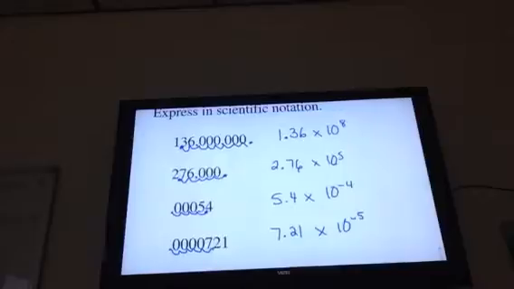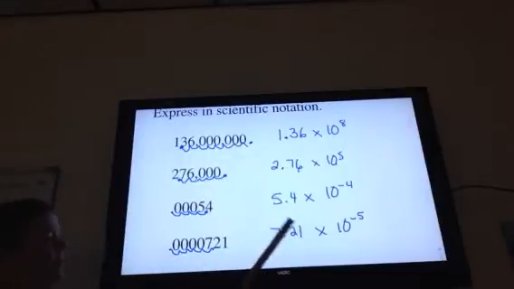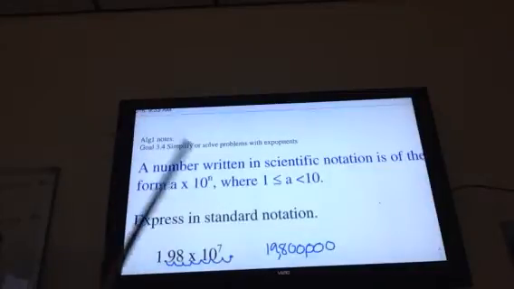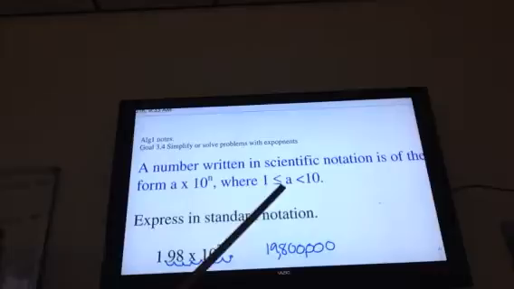Why would you not leave the decimal? Because you only want one digit in front of here. This number, the A value, has to be bigger than or equal to 1, but it has to be less than 10.